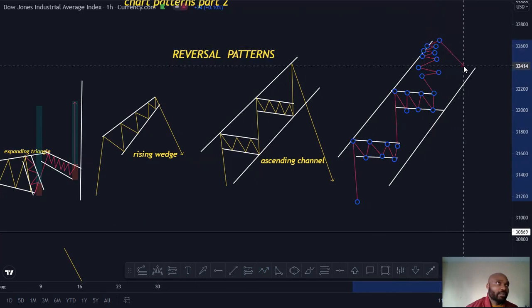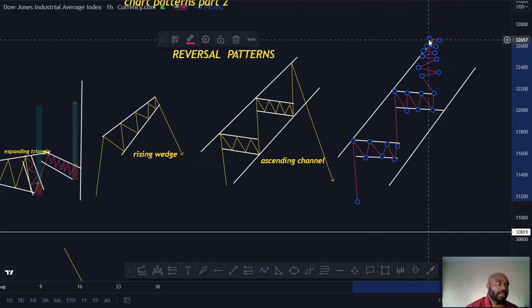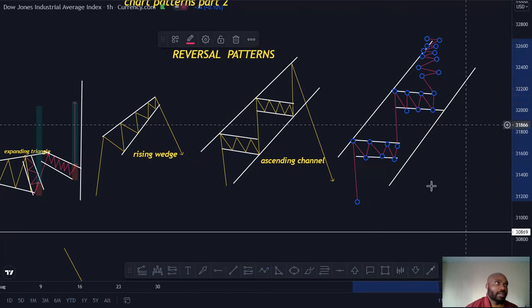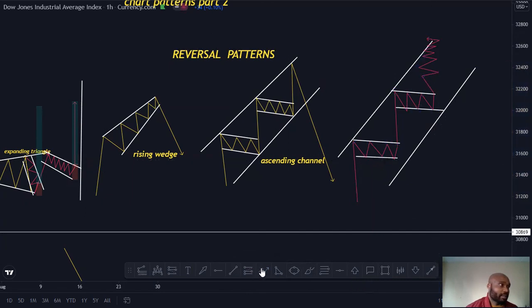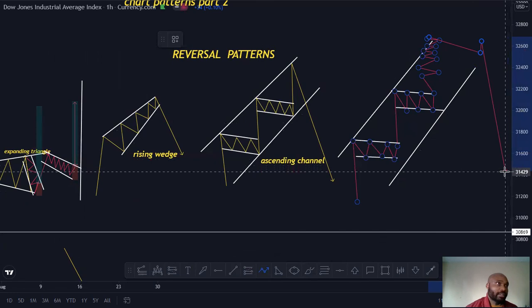That wasn't so cool. It's supposed to be there. And then from there, we're supposed to have a break, and then a breakout. Okay.